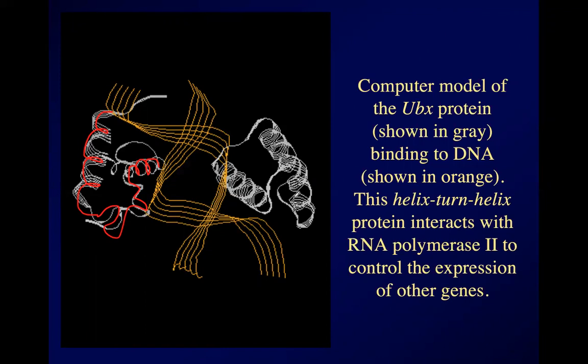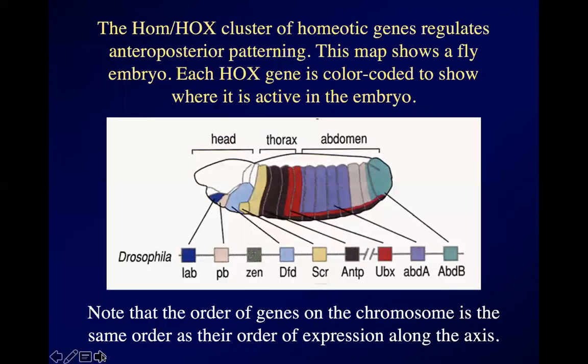Specifically, UBX binds to DNA and interacts with RNA polymerase, and that's how this gene controls the expression of other genes. That's the really cool thing about genes. Genes code for proteins that come back and control whether other genes get transcribed and translated or not. There's this constant feedback going on.